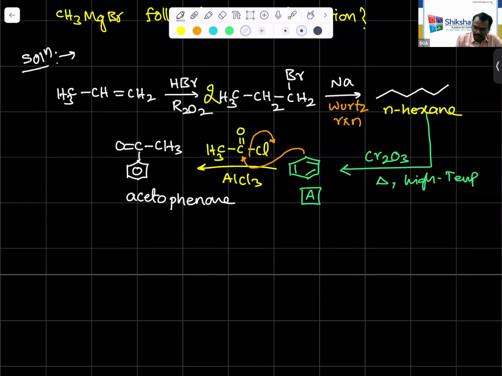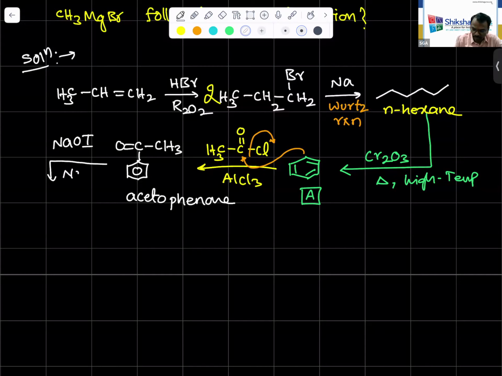Later, in the next step, it is treated with sodium hypoiodite, NaOI. What will happen? NaOI is equal to sodium hydroxide plus iodine.